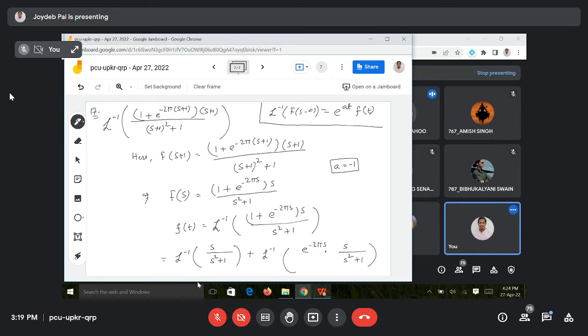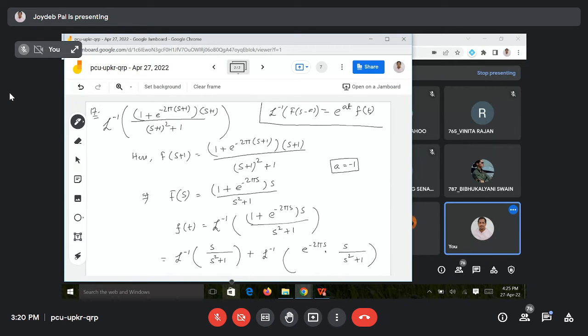No, sir. I have multiplied s. In the previous line, I have multiplied both terms by s and then separated. Right? And for the first term, the Laplace inverse is simple. Right? From the table, you will get the Laplace inverse of s by s square plus 1.